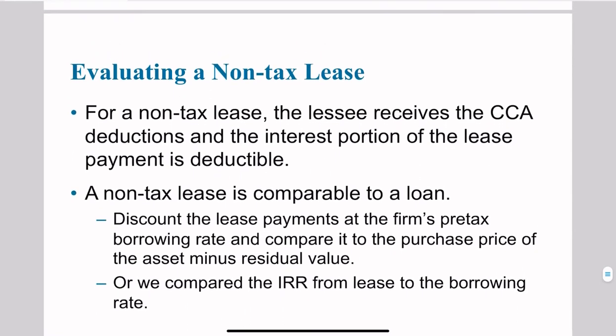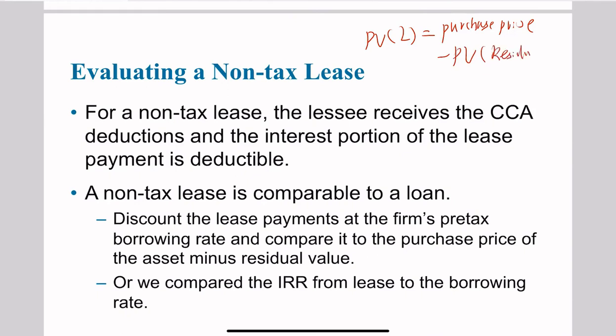Now, if you think about this, we learned in the beginning of the chapter that in a perfect capital market, present value of the lease payment equals the purchase price minus the present value of the residual value.